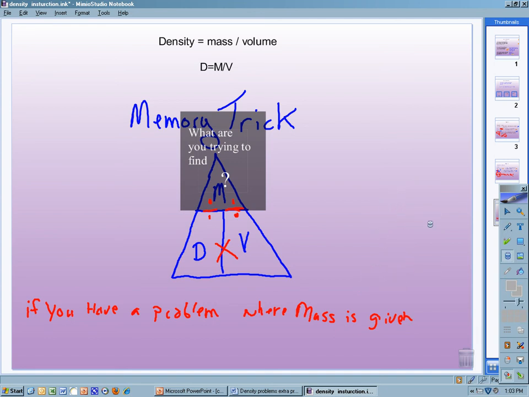If you have a math problem and mass is a given, then it is a division problem and mass goes in the calculator first.